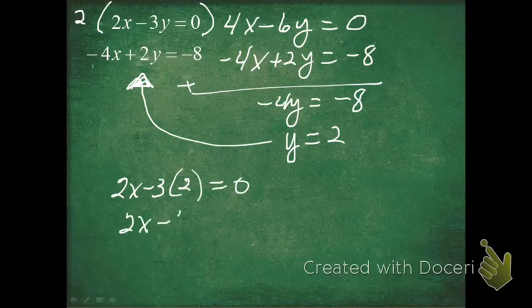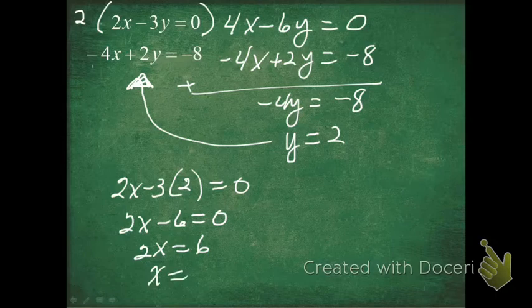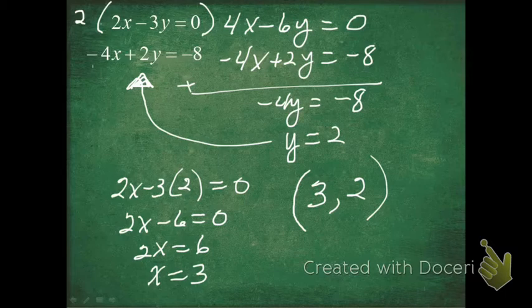So 2x minus 6 is equal to 0. So 2x is equal to 6. Divide both sides by 2, so x is equal to 3. And we'll write our answers as an ordered pair, the x going first, so my x was 3 and my y is 2. So we found that solution algebraically instead of looking at the graph.